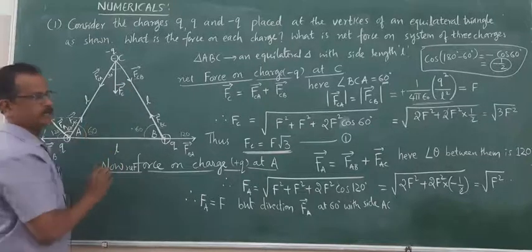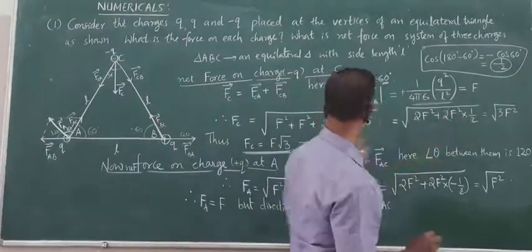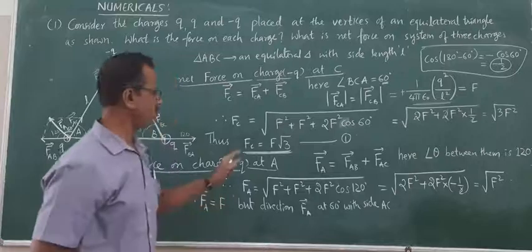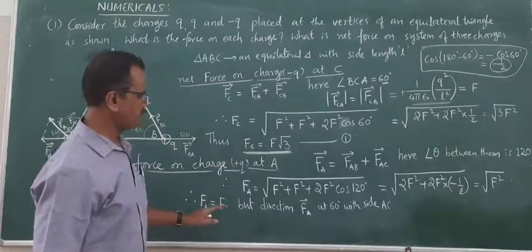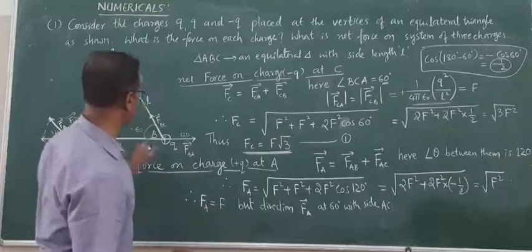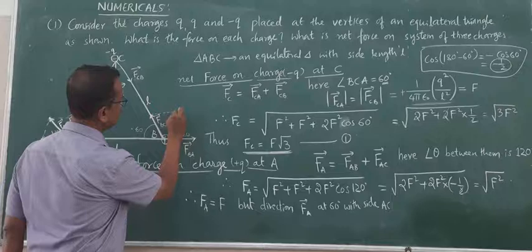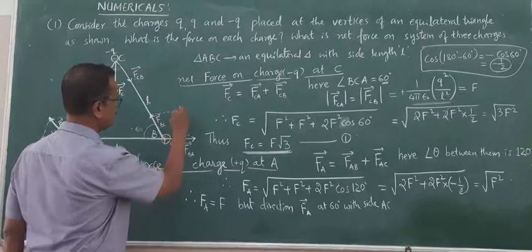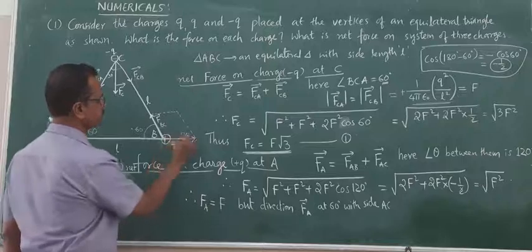And we have found the magnitude of this vector FC. It is f root 3, and the magnitude of FA is f. In the same way, I can find the direction and magnitude of FB. Again, construct a parallelogram using these sides.